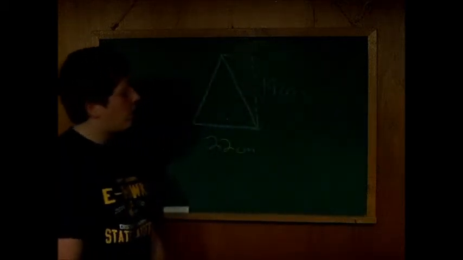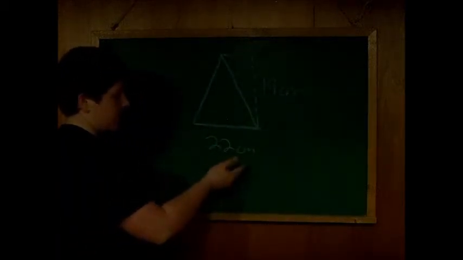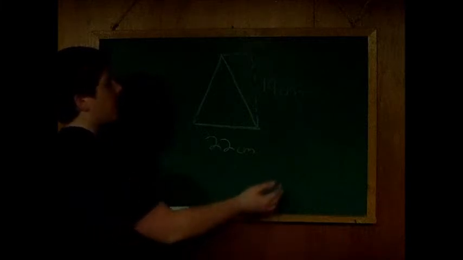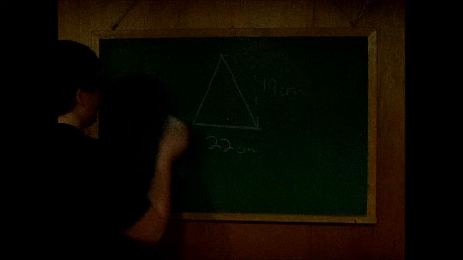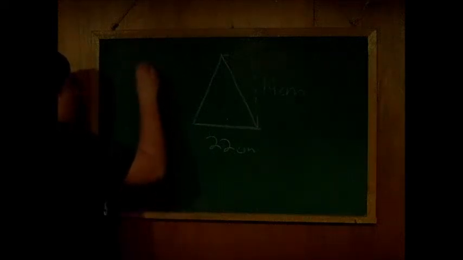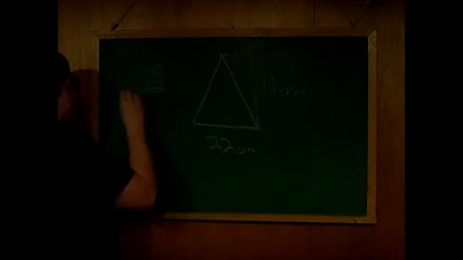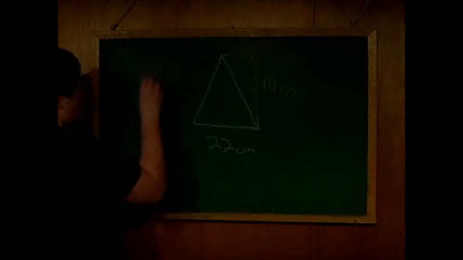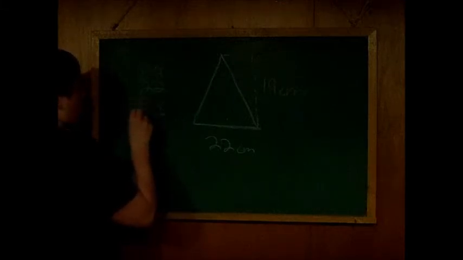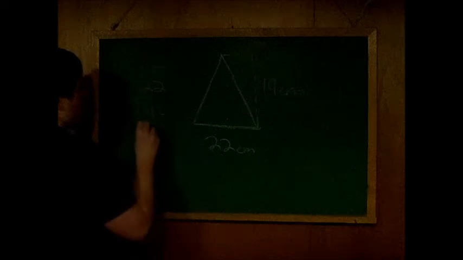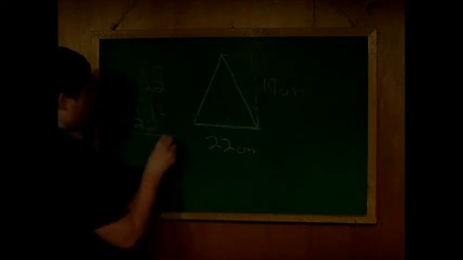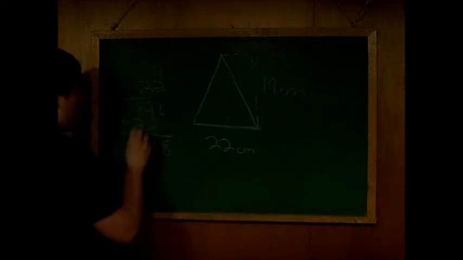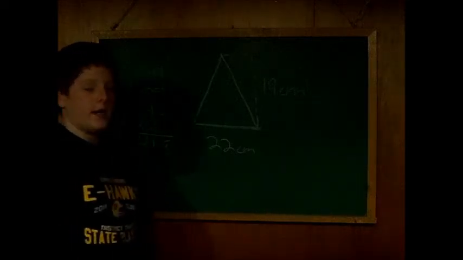Let's see how you did. In the first example, the triangle had a base of 22 centimeters and a perpendicular height of 19. So we would take 22 times 19, and we would get 418.